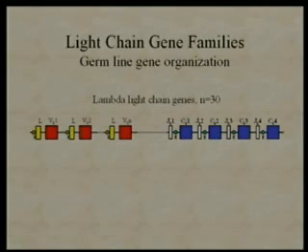Now, quite a ways away from the constant region genes, and that's why I put a dotted line in here, this is a huge piece of DNA actually, but quite a ways away, you find the variable regions. And there are multiple variable regions. In the case of lambda, there's about 30 different variable region genes that encode lambda variable regions.